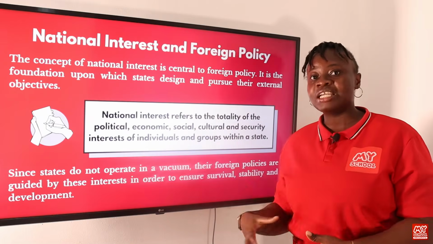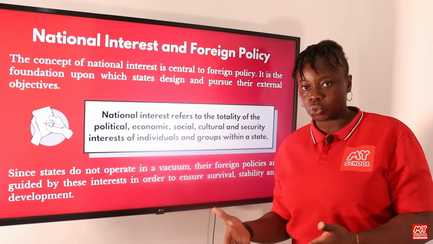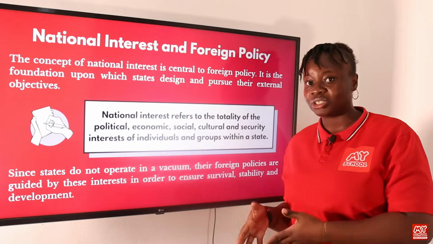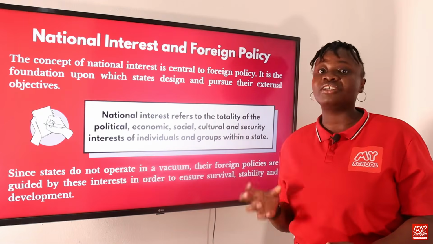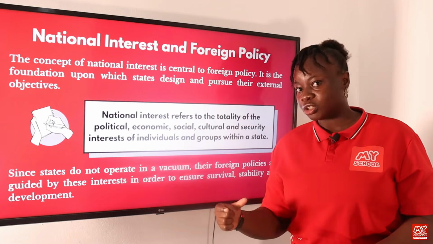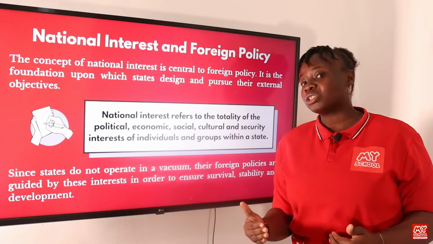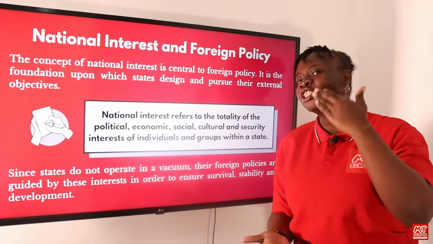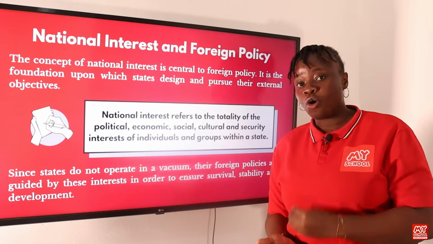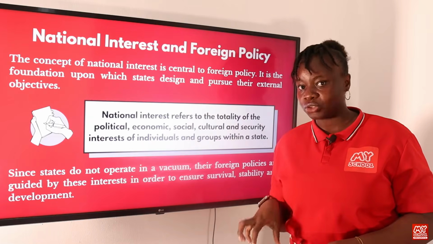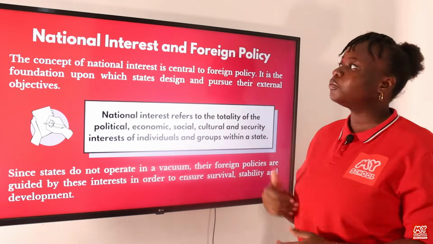If it is economic, if there is the need to develop the economic situation within the nation, the foreign policy objectives should be geared towards those economic interests. So national interest is significant, not the interest of the other country. Although the interests of the other countries may align with that particular country's national interest, the specific objective of foreign policy is to ensure that the national interest of that particular society is fulfilled. Let's move on to the next slide.